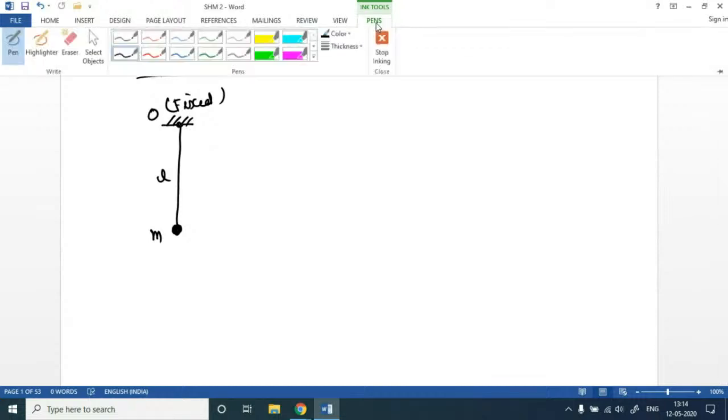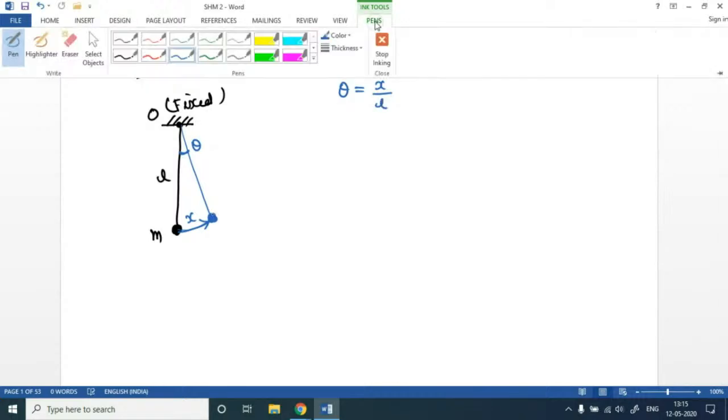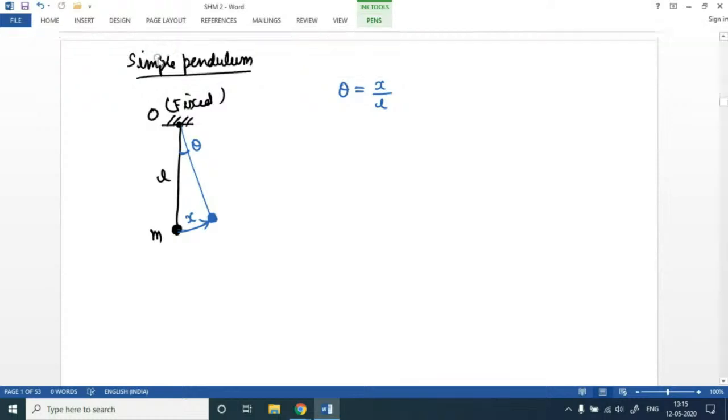So if we displace slightly the system by let's say theta, or like linear displacement is, say this is x over here, obviously theta is equal to x by L, you can realize. Okay, so at this position now you understand there would be imbalance of forces.